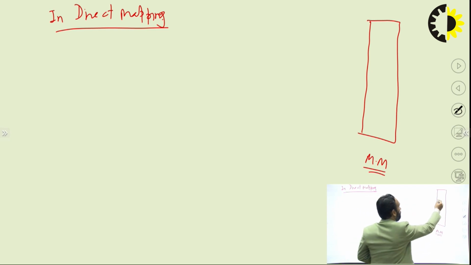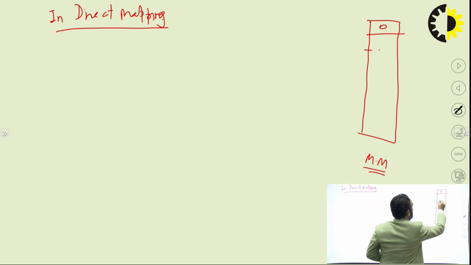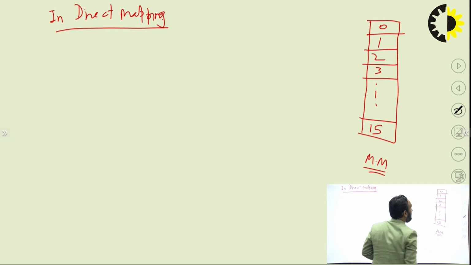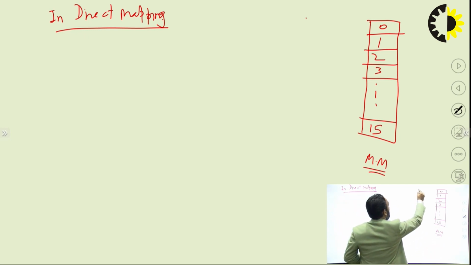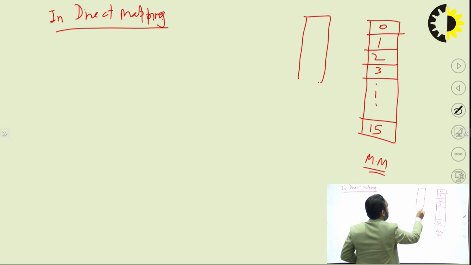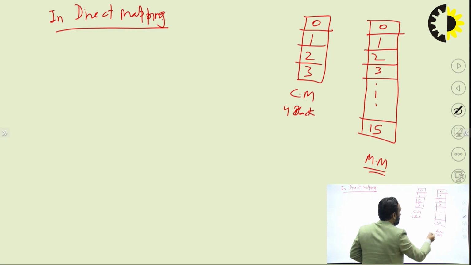We will discuss the formula also here. 0, 1, 2, 3, and so on till 15. These are blocks. We have 16 blocks in main memory, and in cache memory we have 4 blocks: 0, 1, 2 and 3.